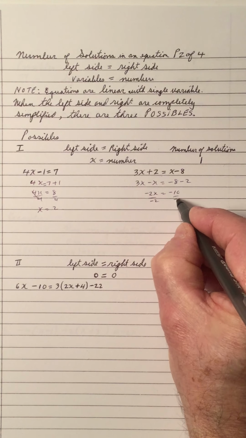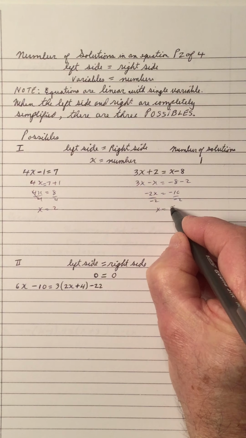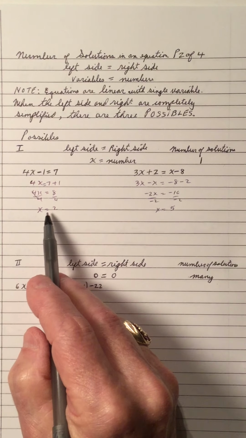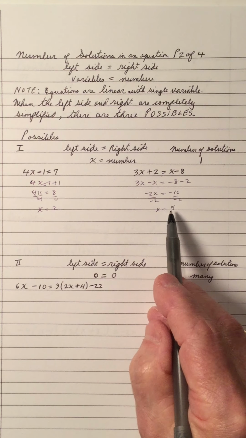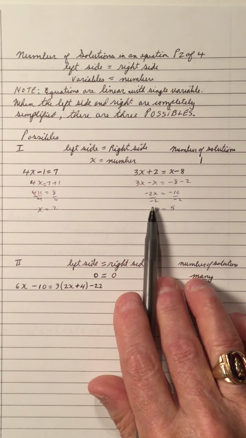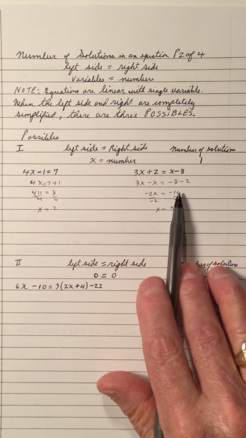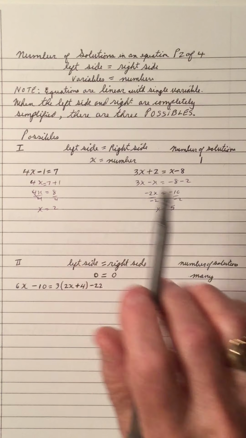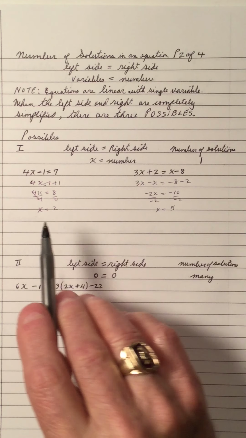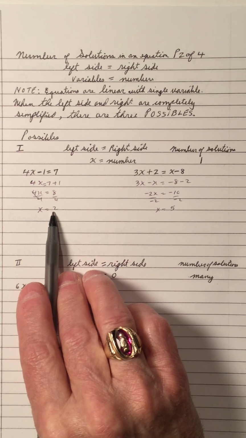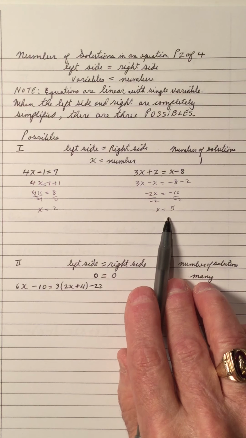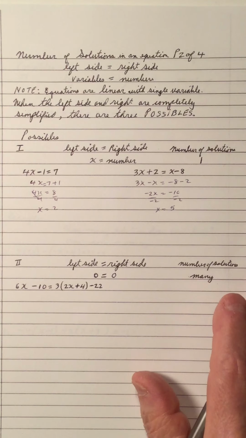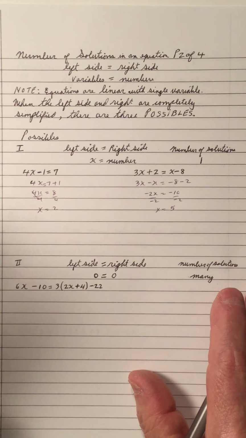Divide by -2, and I get x equals 5. So notice I have x equals a number because I have the variables on the left and the numbers on the right. When I have this situation, I know I will have one solution, and there's only one answer. It's a 2 for this equation, and a 5 for this one. That's the easiest possibility.